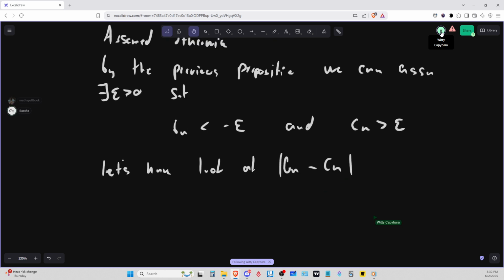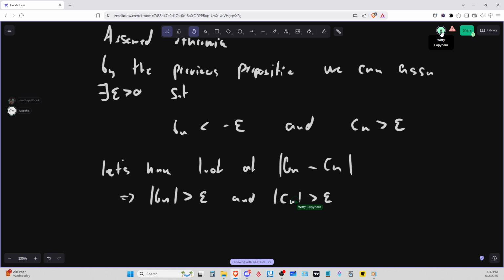So the condition that Bn is less than minus epsilon, and the condition that Cn is bigger than epsilon, just mean that the absolute value of Bn is bigger than epsilon, and the absolute value of Cn is bigger than epsilon. Right?